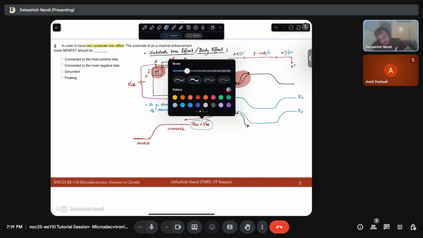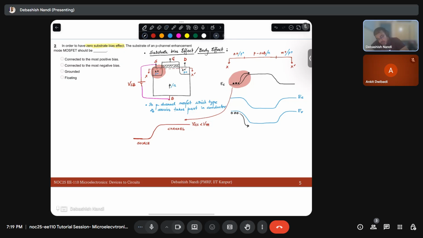Now as soon as I increase my gate voltage, this barrier will start to decrease. That means earlier my carriers were not able to travel through. Now they can travel more freely over the channel. This is what was happening so far. That much we have understood, right?